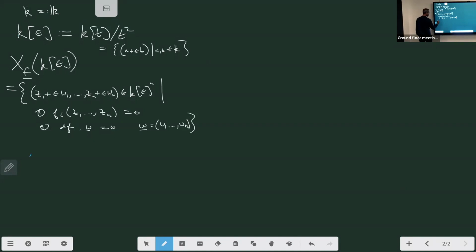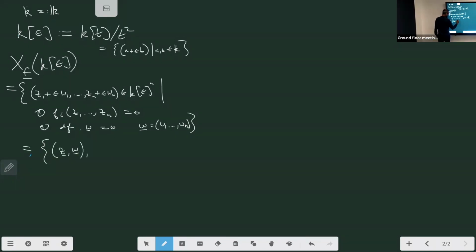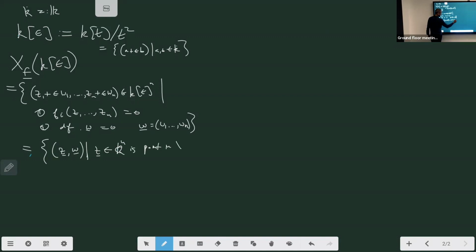So in other words, this is just the data of pairs (Z, W), where Z in K^n is a K point of X and W is a tangent vector.